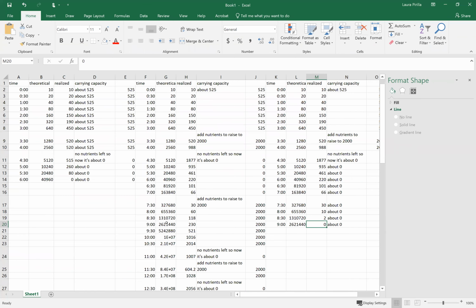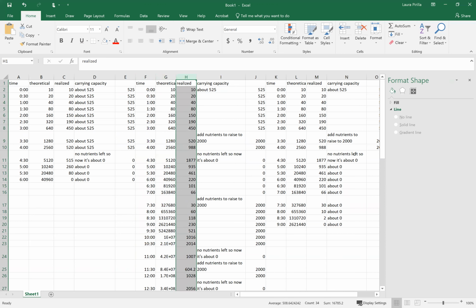The other example that we had in this thought experiment was what would happen if you would add more nutrition to the system every 4 hours after you started adding it when it reached its peak. So again, we have the same time, we have the same theoretical growth, same realized growth.